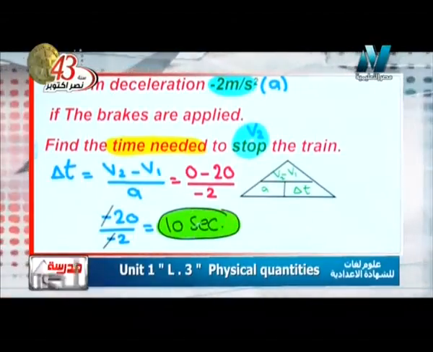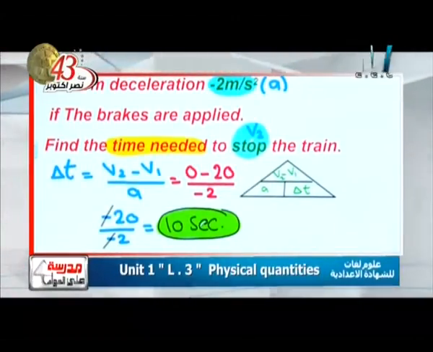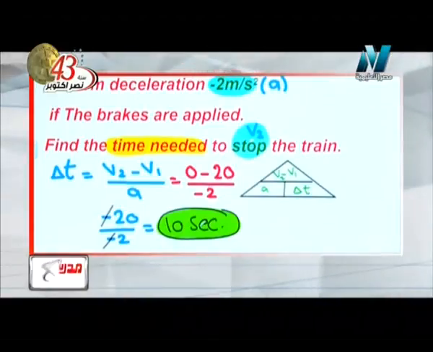Okay dear students, now we know acceleration and the types of acceleration. Today's new concept in our lesson is physical quantities. What is meant by physical quantities? Physical quantities mean anything that can be measured.